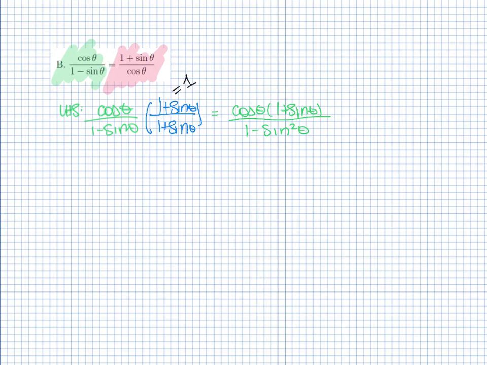So remember, kind of as an aside over here, if you need to, that a plus b times a minus b simplifies to a squared minus b squared. And in fact, we're really lucky because 1 minus sine squared theta is one of our Pythagorean identities just manipulated. So we actually know that this equals cosine squared theta.